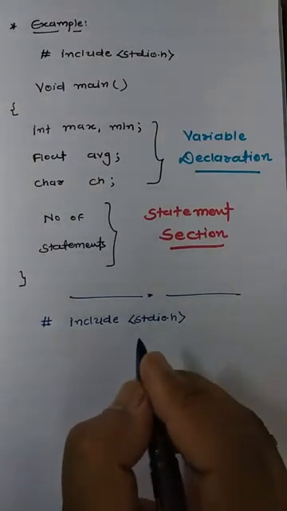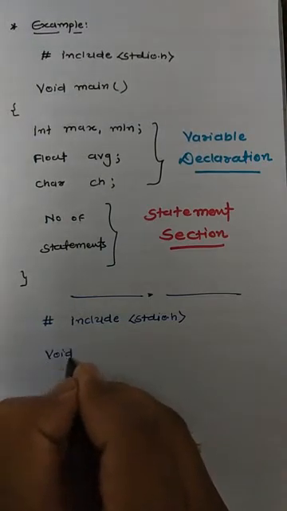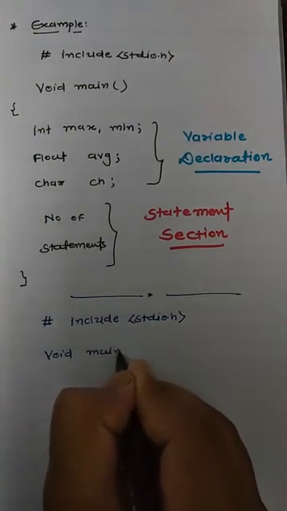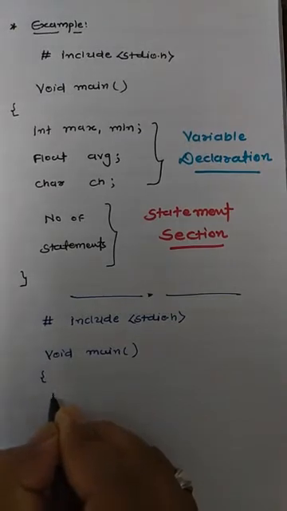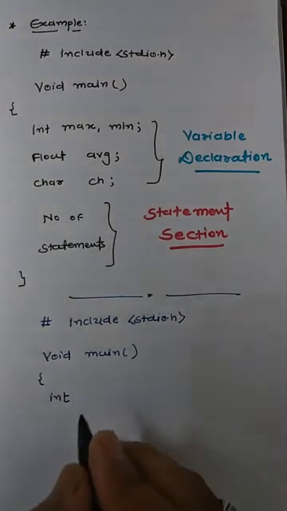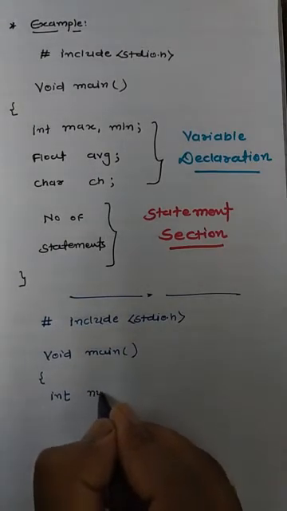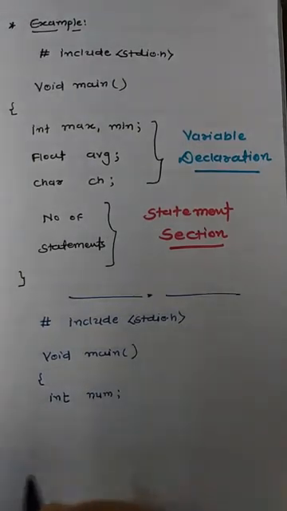#include <stdio.h>, this is the header file, then the main function, void main, and integer. For example, take a variable that is number.